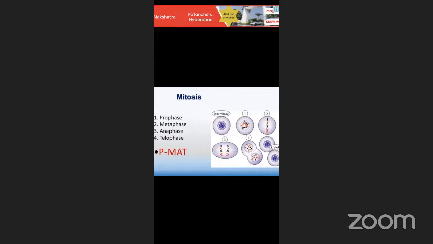Prophase is the first phase of mitosis. During this phase, the nucleus becomes spherical in shape. In early prophase, see here, this one is the prophase.